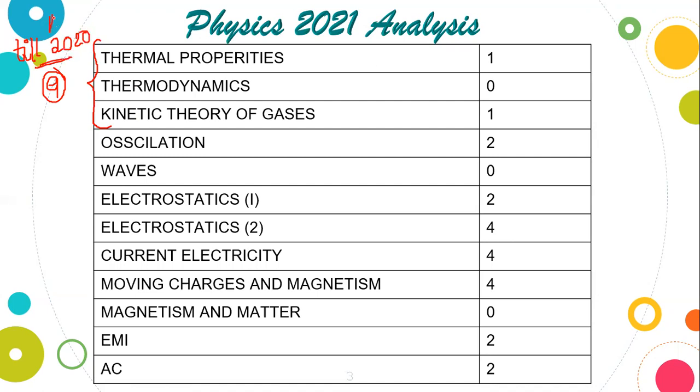If you check the previous exam trends, you will find it. But this time, look how many questions were asked from these 3 chapters: just 2. Thermodynamics is a very important chapter, as I have told you multiple times. Look, 0 questions.